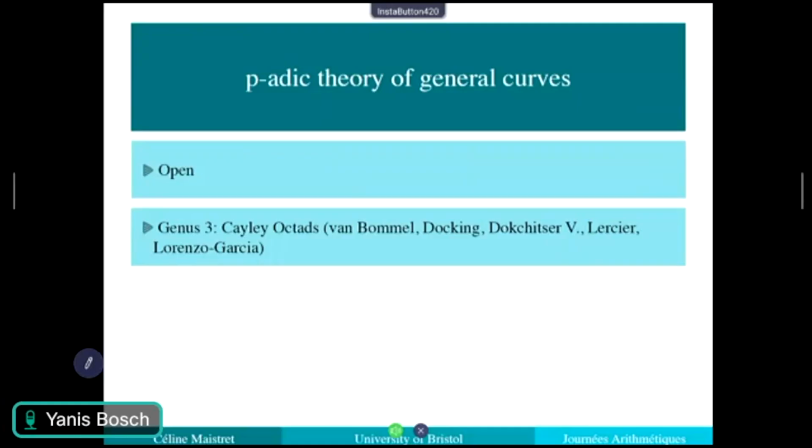So those are Cayley octads, and they have a paper where they conjecture that understanding the valuation of those Cayley octads is really recovering all the data that I showed for hyperelliptic curves. So namely, you could reconstruct stable models and possibly regular models as well.